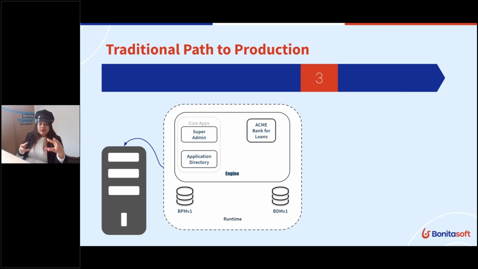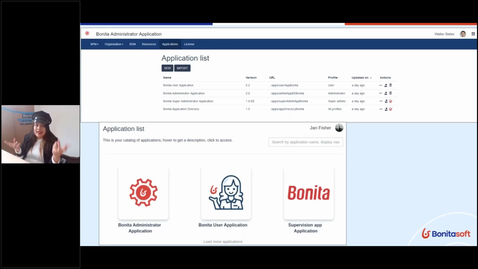So this is running on this engine, and in parallel, Bonita comes with something called the core apps. Maybe you have already used them if you already use Bonita, but it's good to remember that there are two of them, Super Admin and the Application Directory. In case you don't remember or you don't know them, they look like this.